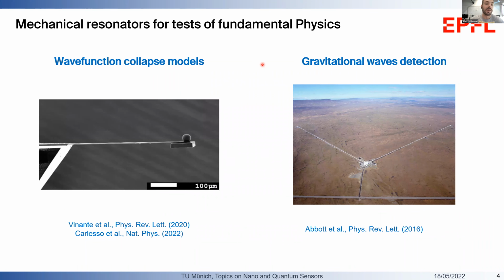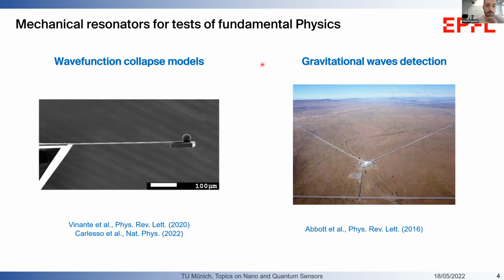From a more fundamental point of view, mechanical oscillators are quite commonly used for tests of fundamental physics, or to test candidate theories or predictions. For example, to test postulated models of wave function collapse, which describe how and why the wave function of a quantum system would collapse when the system is measured or interacts with an environment.